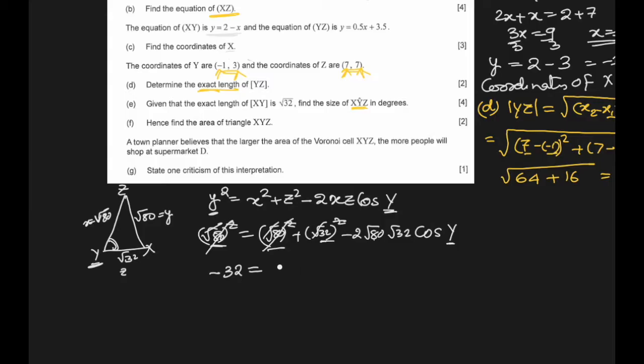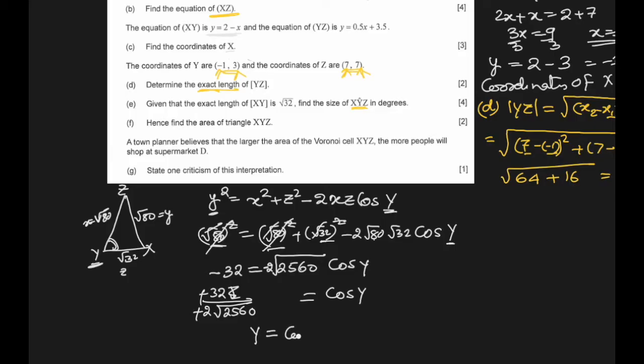2, 5, 60 minus 2 square root cos y. So cos y equal to minus 32 over minus 2 square root 2560, and these two get cancelled out.